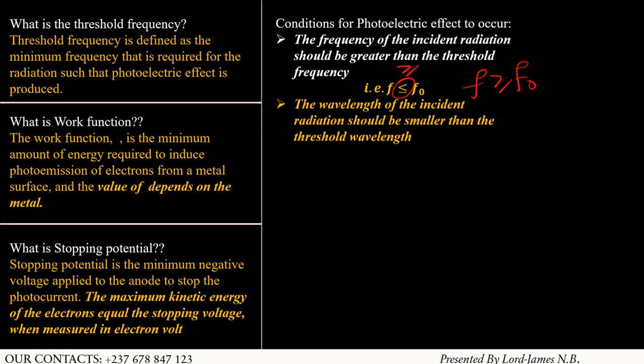The next is the wavelength of the incident radiation should be smaller than the threshold wavelength. That is, lambda should be less than or equal to lambda naught. And in terms of energy, the energy of the radiation should be greater than the work function of that metal for photoelectric effect to occur. So these are the conditions for photoelectric effects to occur.